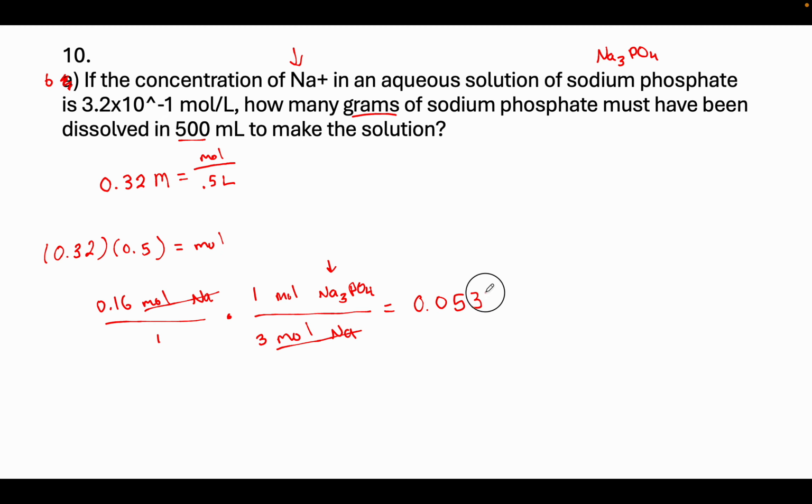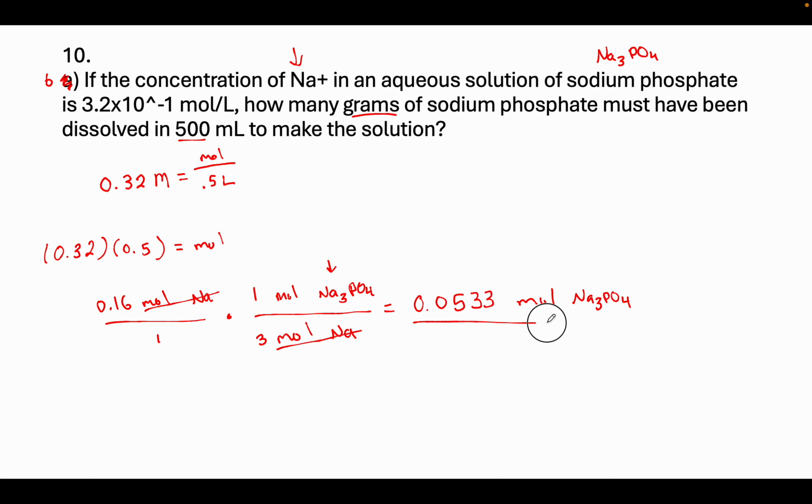There we go. Now we've got moles of Na3PO4.